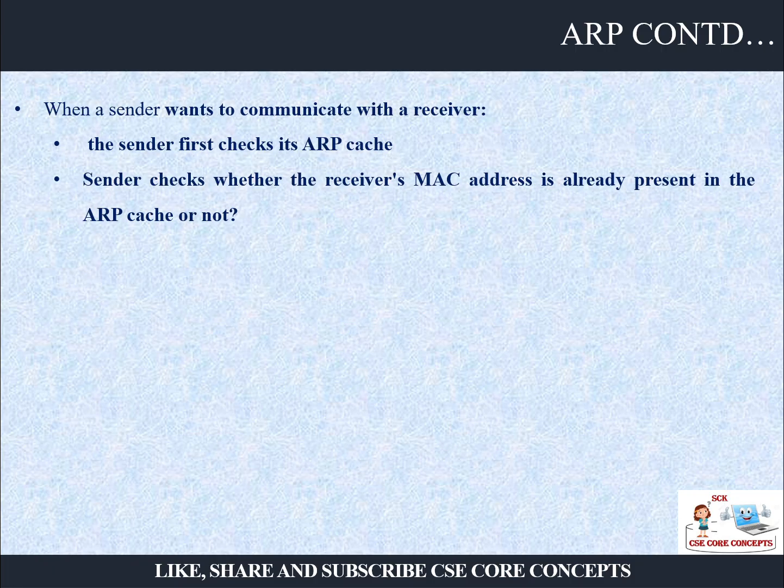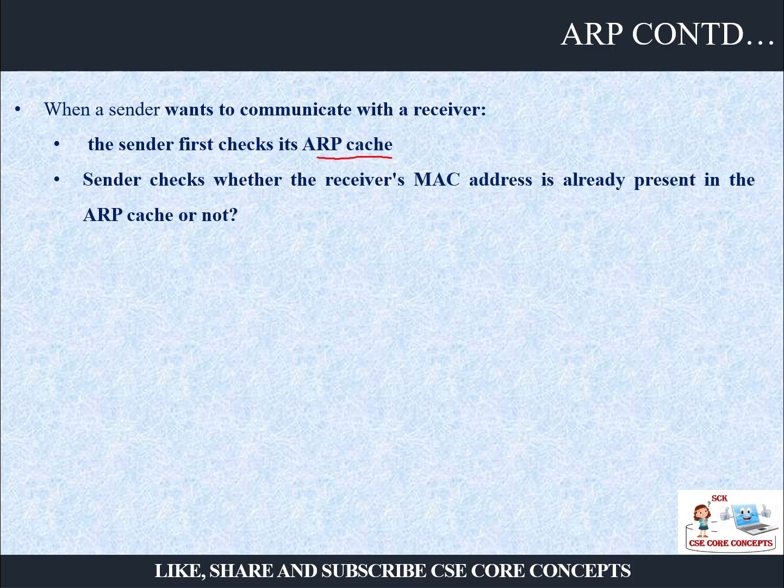Now, how does ARP actually work? Let us see. When a sender wants to communicate with the receiver, the sender will first check its ARP cache. I hope you know what a cache memory is. To retrieve faster, we have a cache memory where the details are kept.